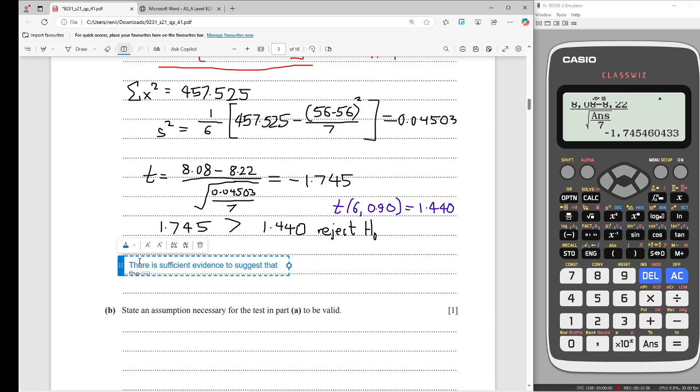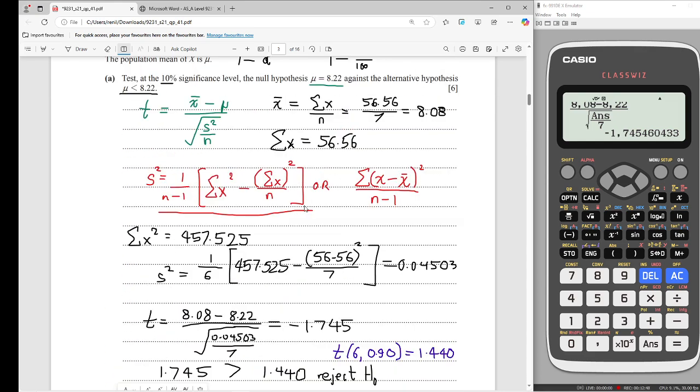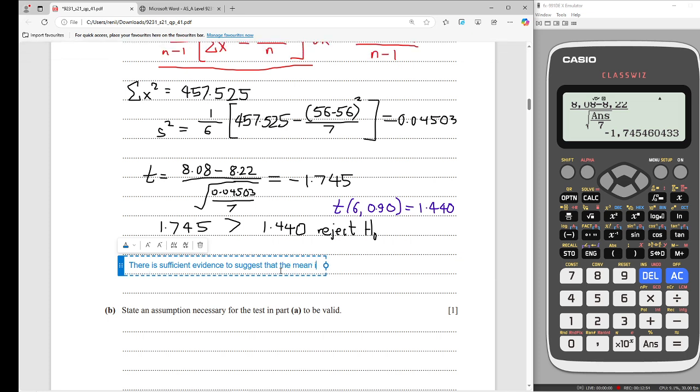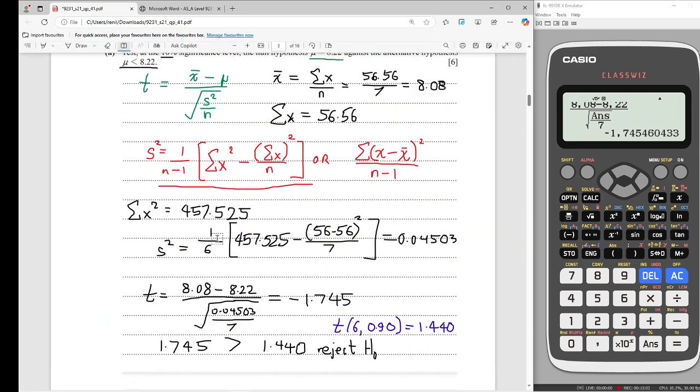So our alternative hypothesis says that the mean is less than 8.22. So we write, suggest that the mean is less than 8.22. That's the first question's answer.